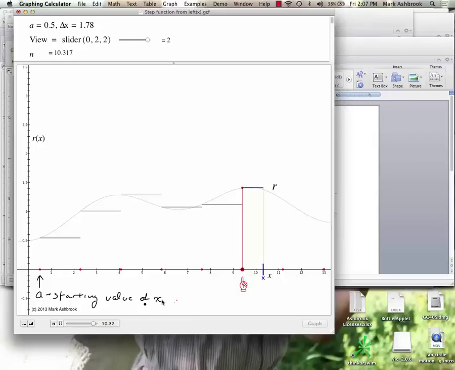Why did you decide to start at 0.5 instead of 0? Because in given situations, it may start at different places. So for this one, I'm starting at 0.5. A is where we're going to start accumulating from, and that can be different in different situations. My delta x is 1.78, so I'm going to come along here.